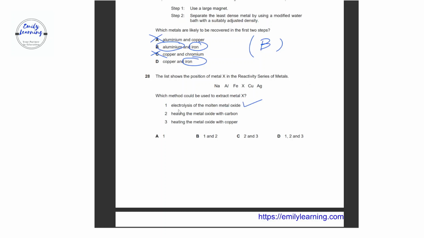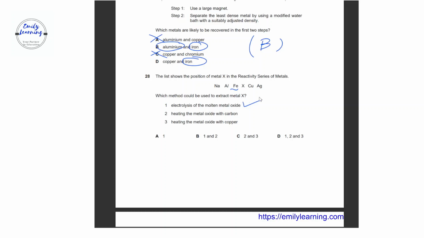So 1 is true. 2, heating the metal oxide with carbon. We know that as you go down the reactivity series, as reactivity decreases, it gets easier to extract the metal, by heating it with reducing agents like carbon. When we reach iron, remember the blast furnace, you can obtain iron by heating its oxide with carbon or carbon monoxide.